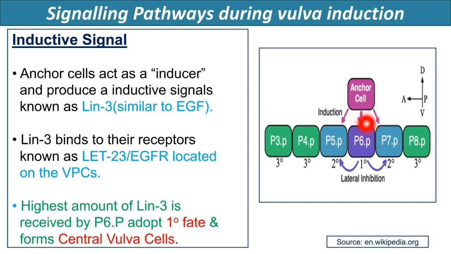This P6.p will receive the highest amount of Lin-3 protein secreted from the anchor cell, adopt the primary fate and form the central vulva cell. This inductive signal includes the RAS or MAP kinase pathway, which is a cell signaling pathway. In the next slide we will discuss the lateral signal.